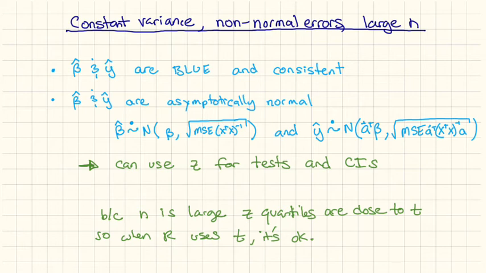So it's okay if we use the t here. When R outputs stuff, it outputs it with the t distribution. We're not going to freak out about that. They're very, very close at this point. So we're just going to use the standard errors and tests as calculated in R.